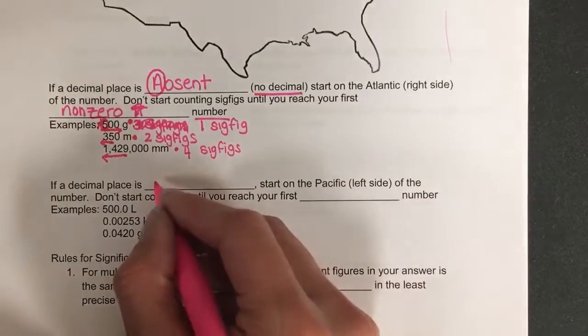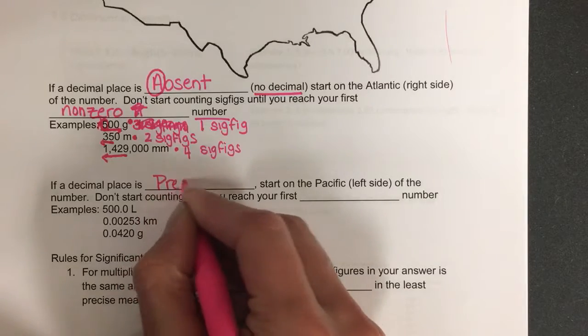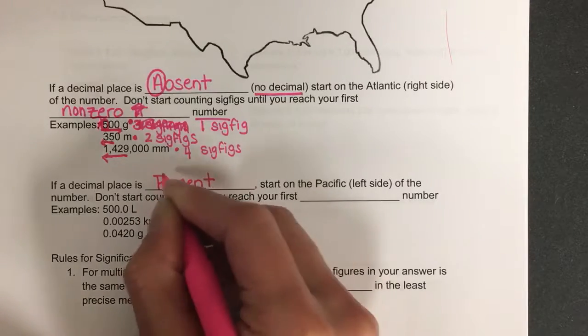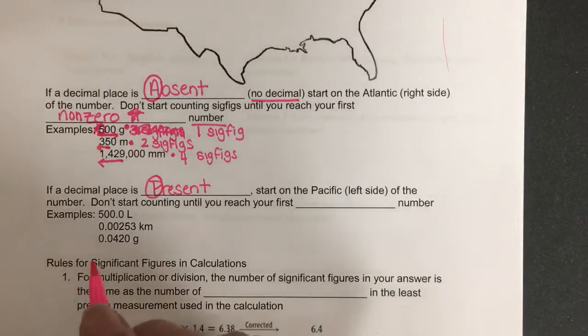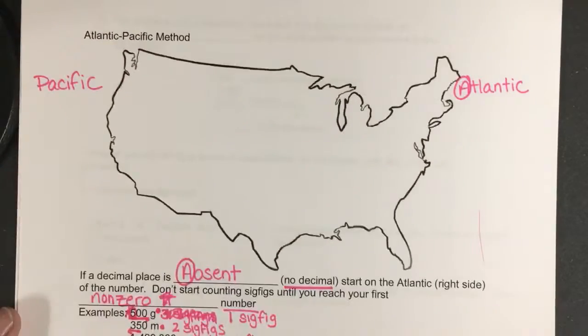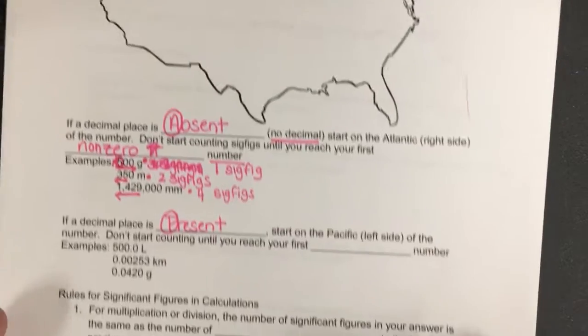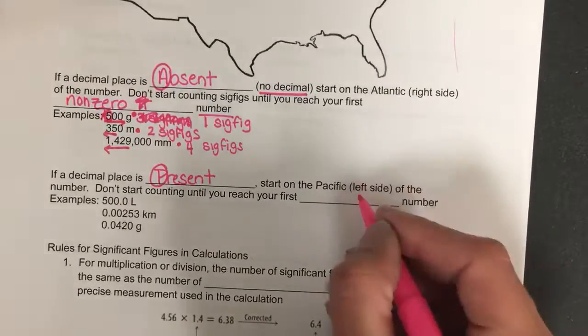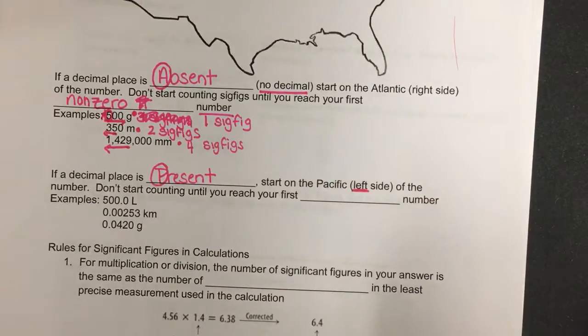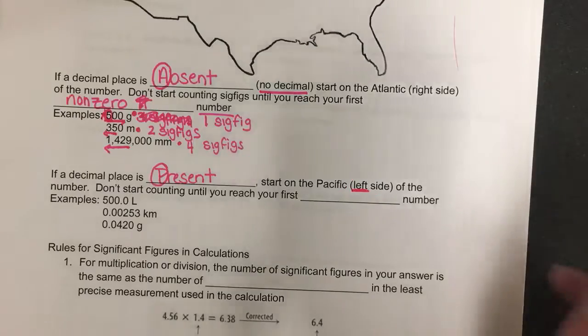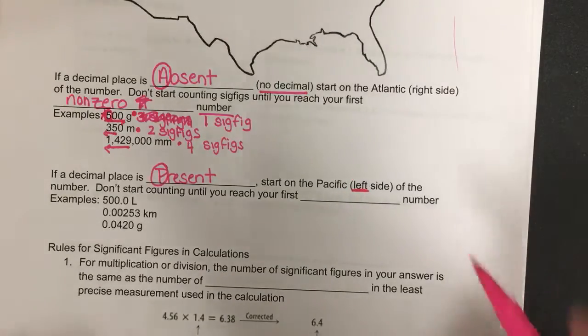If there is a decimal point present, P for present, P for Pacific. Okay? So if there is a decimal point, you start on the left side of the number. This time I start on the left.